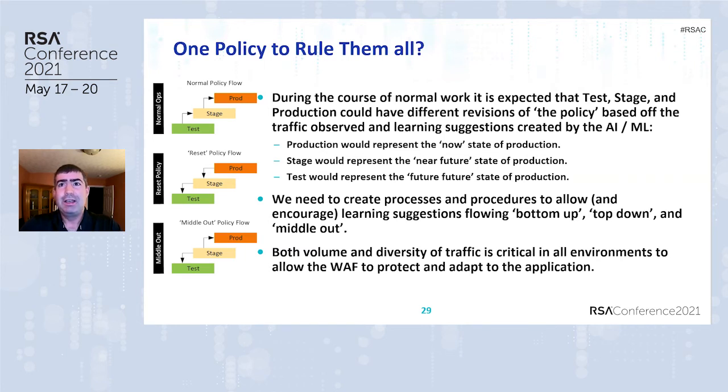In fact, everything below our stage really didn't have as rich and as polished testing as we really needed. And so this is why I constantly harp that you need to have a mix of human and automated testing at all levels. And what we found was that we needed a process in order to do a policy push, whether it was the expected bottom up, top down, or middle out.